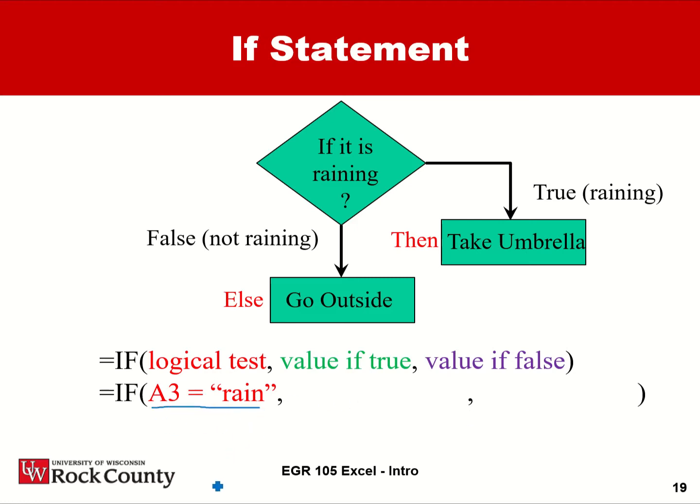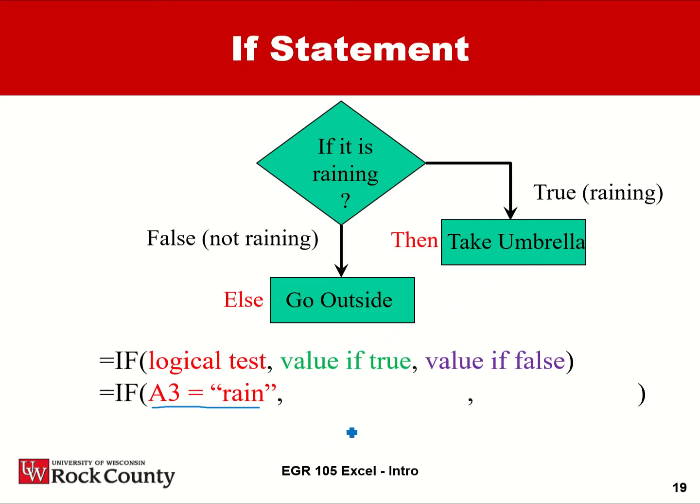It's an equals, right? Could be greater than, less than, if it's a number or value or something, or a string and I want to know if something's alphabetized or something like that. But in this case, I'm looking to see if it's raining, right? If it's raining, okay. And notice it's in quotes, so any text always has to be in quotes. And if it is raining, then I want to take an umbrella.